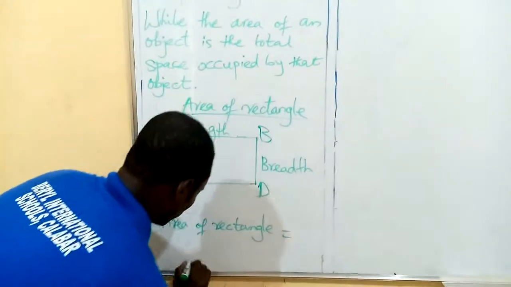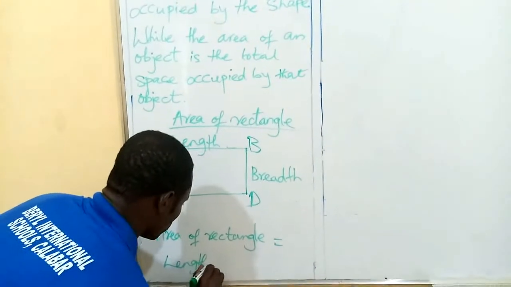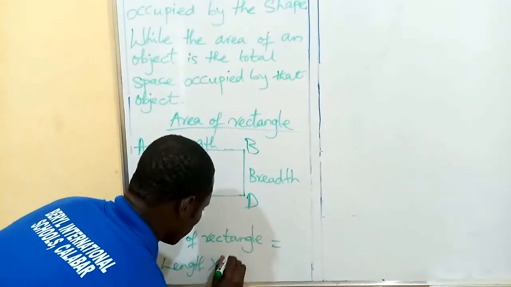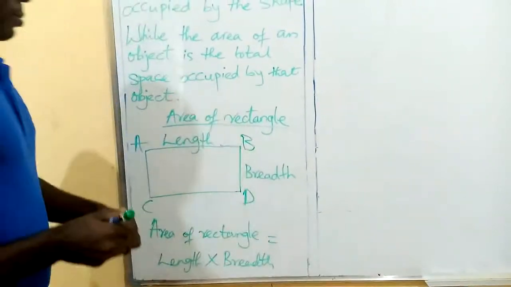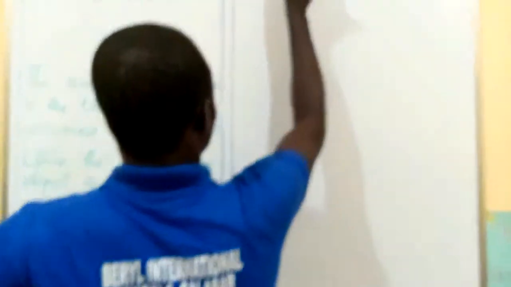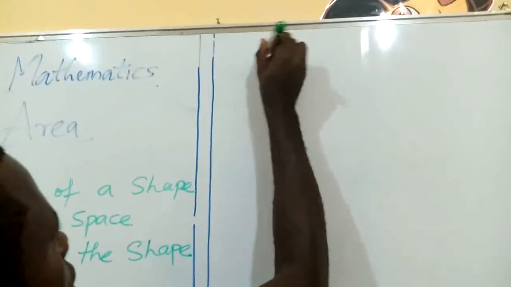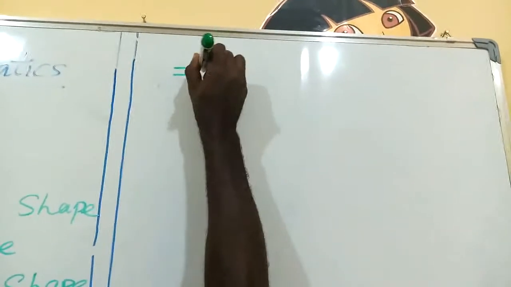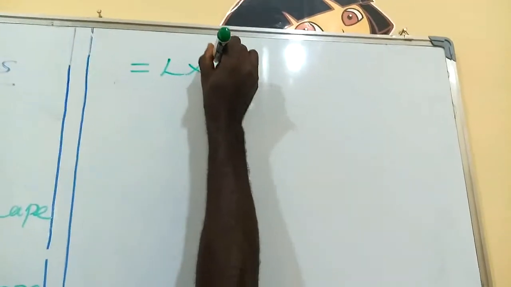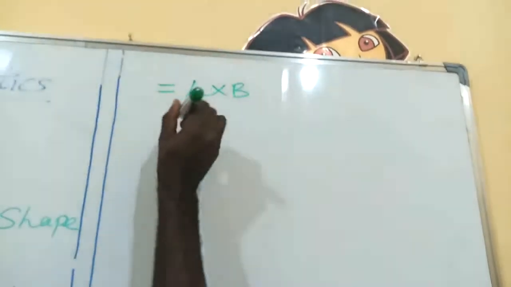To shorten it further, the area of a rectangle still equals, and from length and breadth, you can also reduce it to L times B, where L stands for length and B stands for breadth.